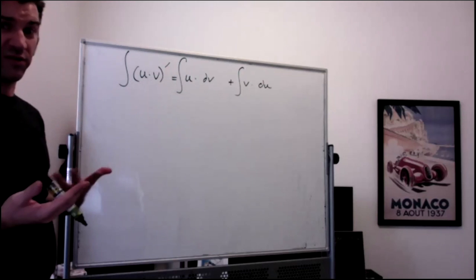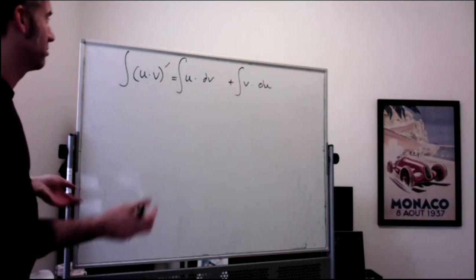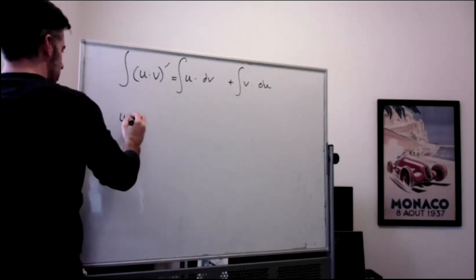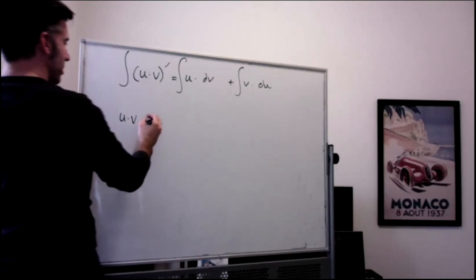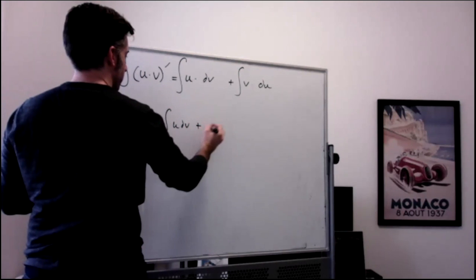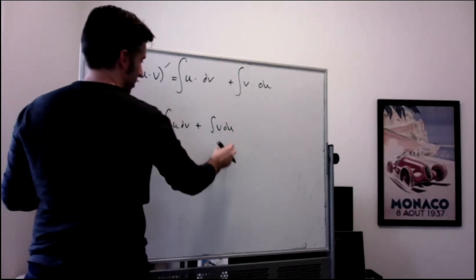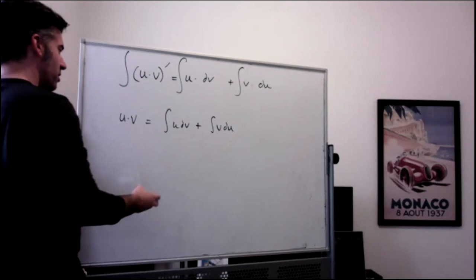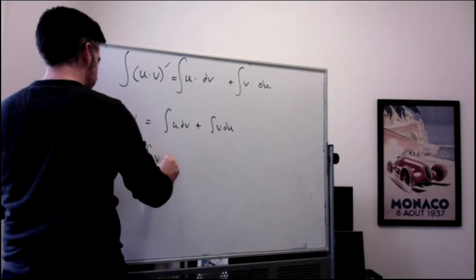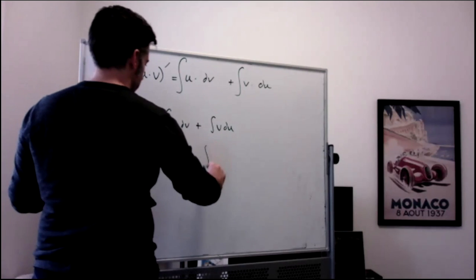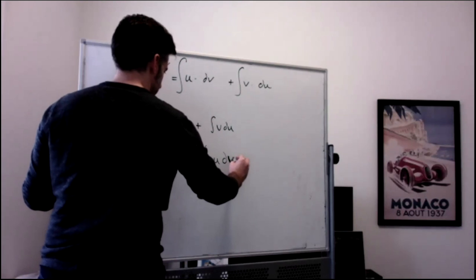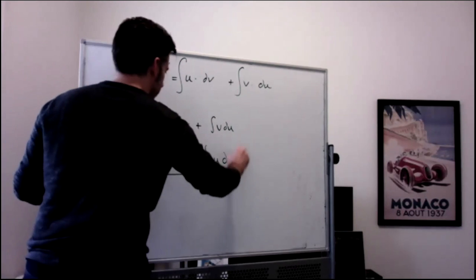The integral and the derivative undo each other. So the integral of the derivative of u times v is just u times v. And it's equal to this. So then we're going to subtract this over to here, and we're going to say that uv minus the integral of v du is equal to the integral of u dv. So this is the formula we want to remember.